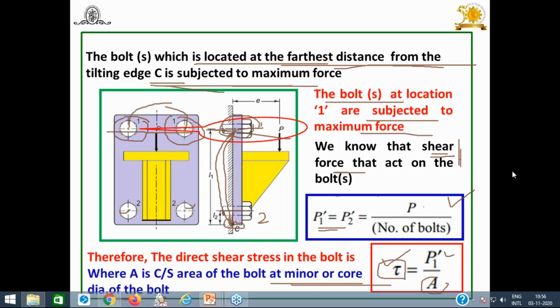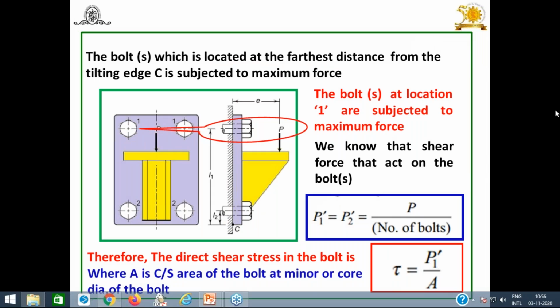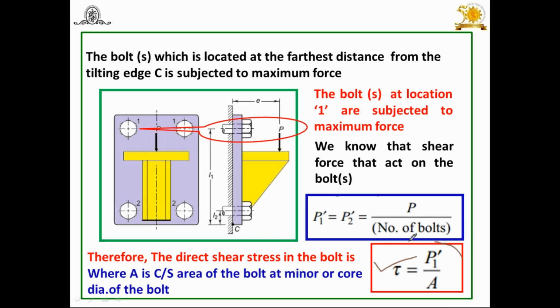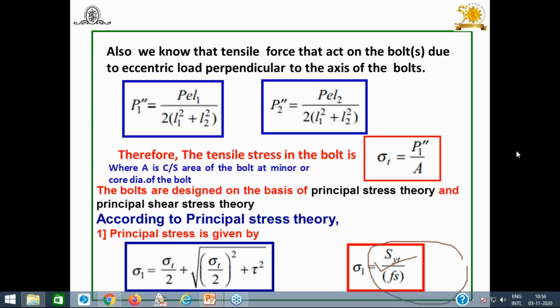I hope you understood these points, and this is the case. That means first of all find out this shear stress tau. Now you have the shear stress. Okay, now let us find the another stress which is induced because of the couple. Now here again the same fundamental you can use.